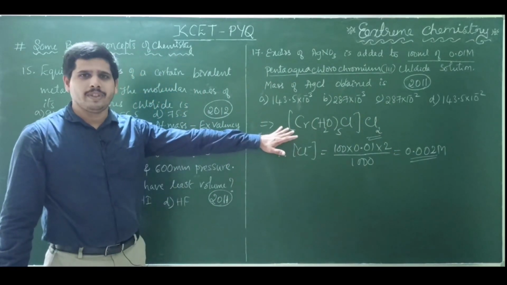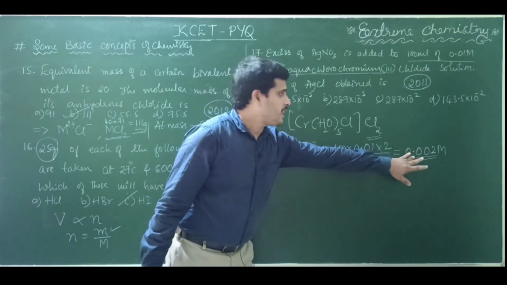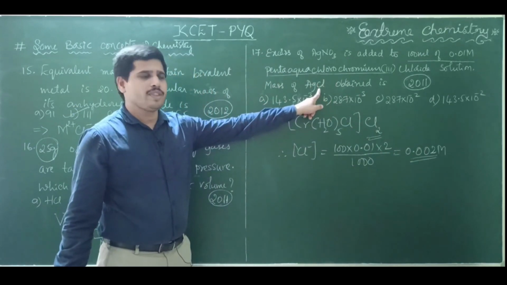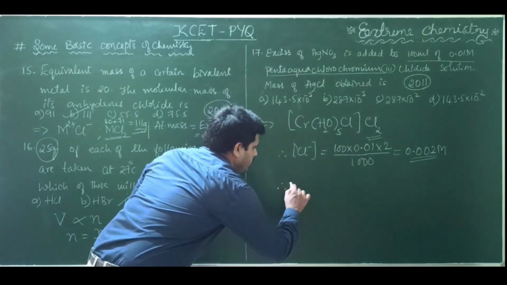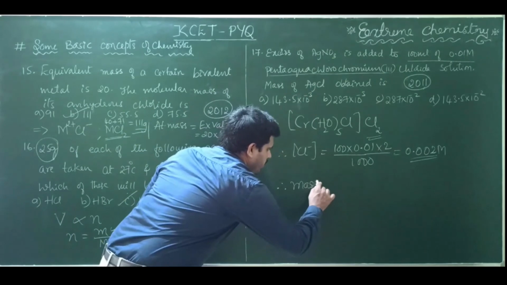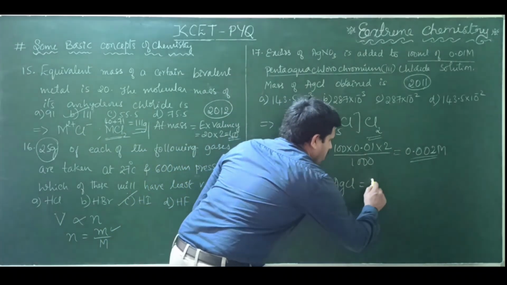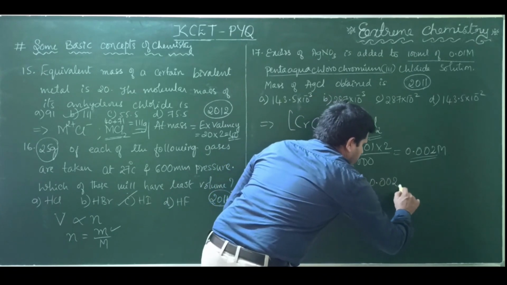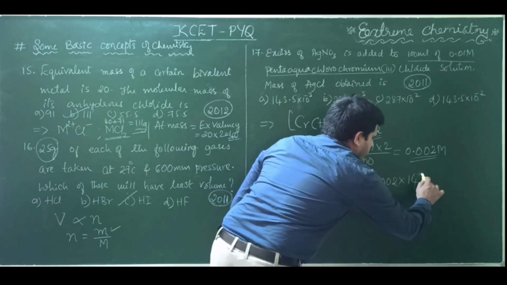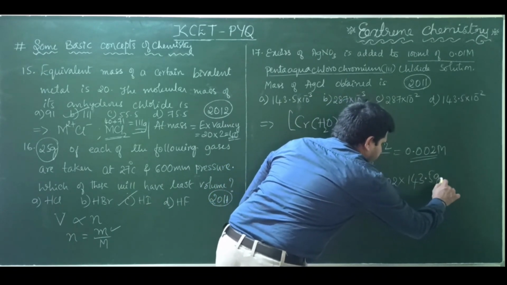Next part is very simple. What are you supposed to do? Multiply by the molar mass of AgCl. Therefore, mass of AgCl is equal to 0.002 into silver chloride 143.5 gram.